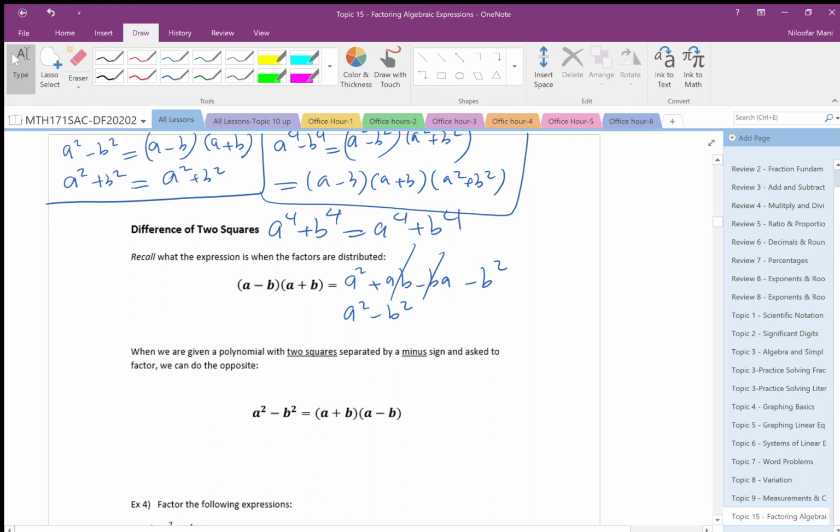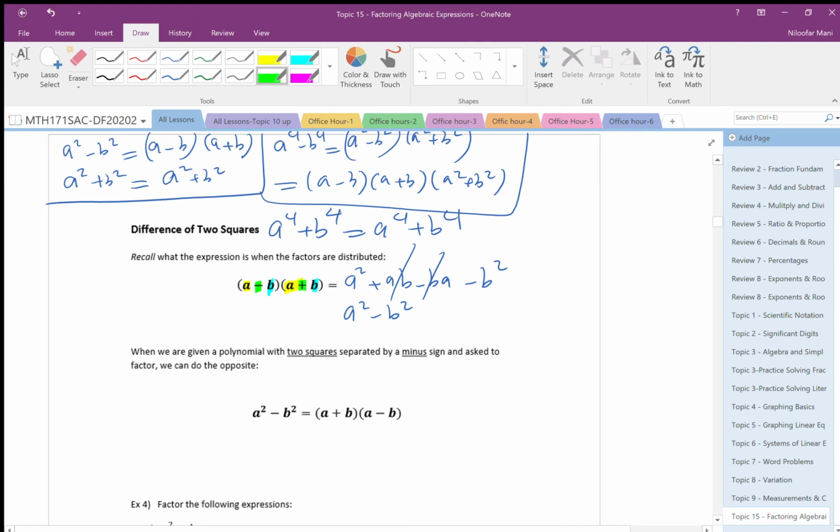Okay, so difference of a square. Okay, look at this one here. When you multiply, what happened? You have a, you have b, you have minus, plus.